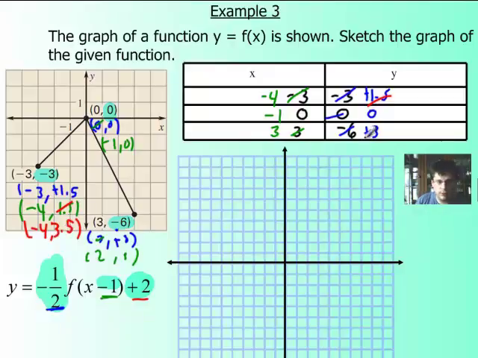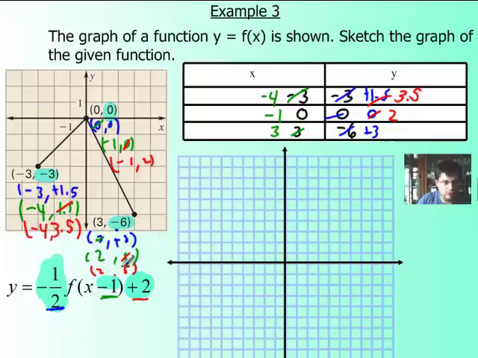So let me put 3.5. Our next point, we're going to shift this up 2, so that's going to become -1, 2. And this point here, we shifted it, and that's going to become 5.